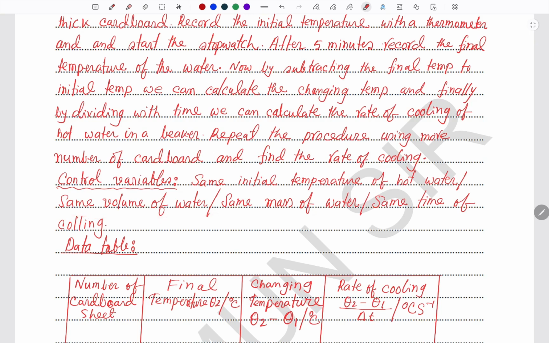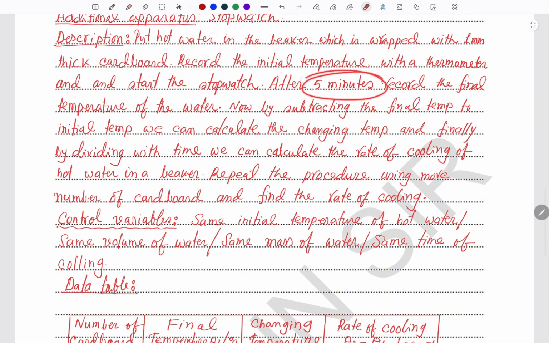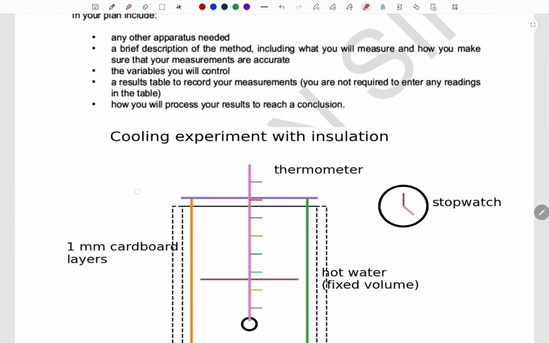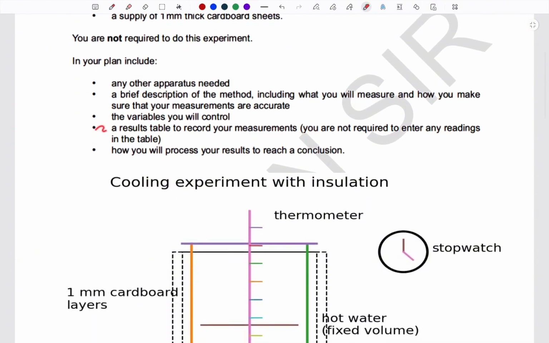Definitely for the same experiment, the volume of water needs to be constant, or the same mass of water. If volume is constant, definitely mass will remain constant as well. Same time of cooling, definitely I took here 5 minutes for each experiment.